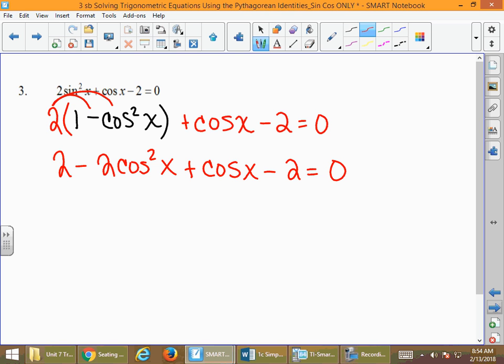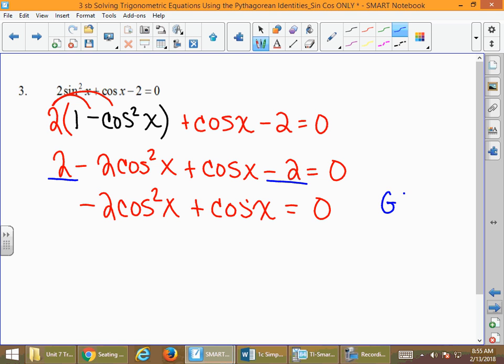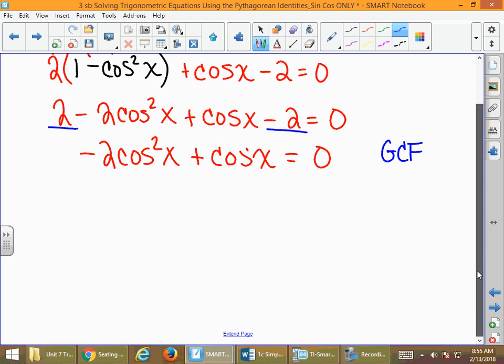And when we look at this, like terms, 2 minus 2 is 0. That cancels out. So we have negative 2 cosine squared x plus cosine of x equals 0. And in our first two examples, we've had to split the middle. We don't have to split the middle on this one. We just need to factor the greatest common factor.